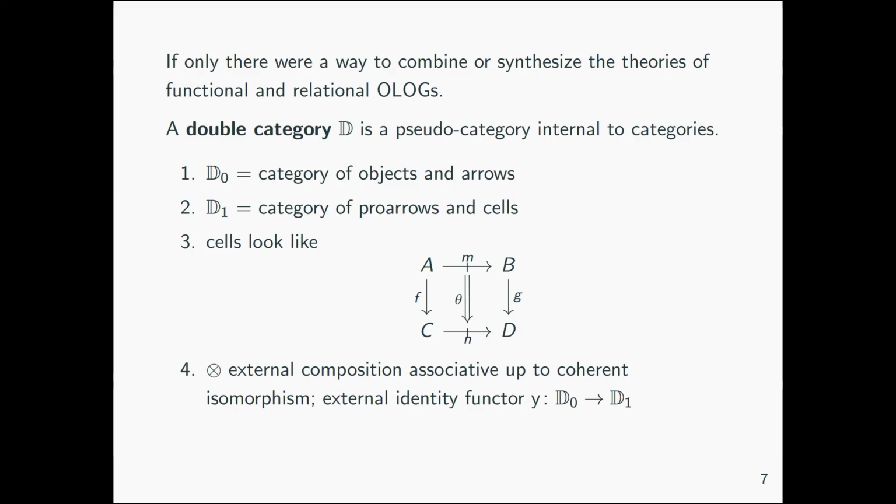I display them horizontally like this. They have a slash on them to distinguish them from the ordinary arrows, which I display vertically like this. Relating all the structure are these cells, which have an internal domain, internal codomain, and an external source and target in the form of ordinary arrows. There's an external composition for pro-arrows and cells that's associative only up to isomorphism. Arrows do compose strictly associatively.